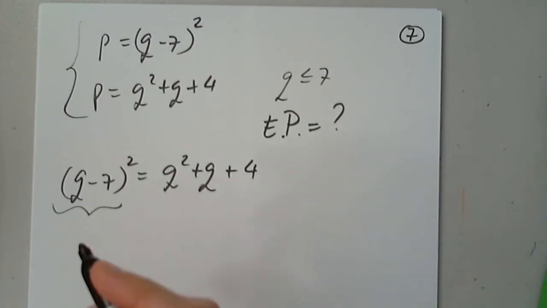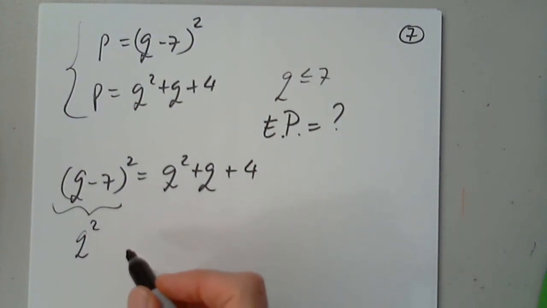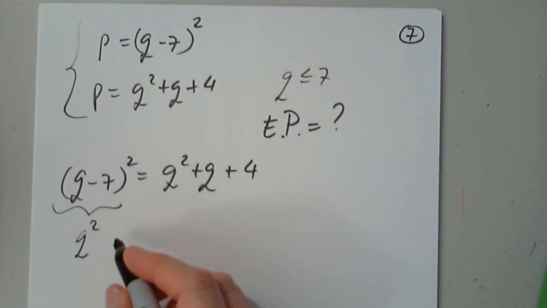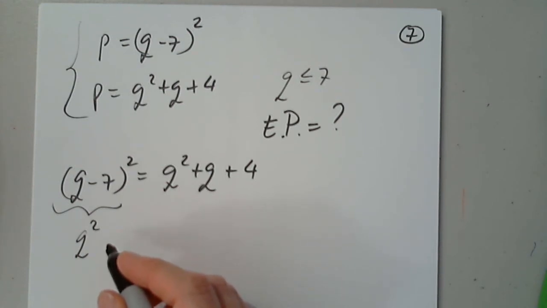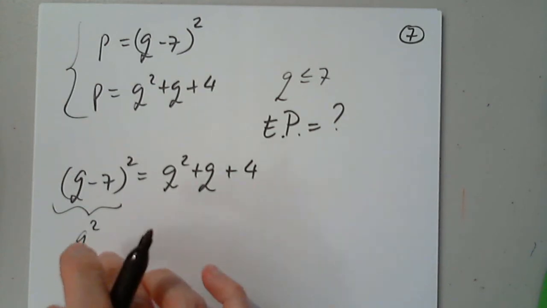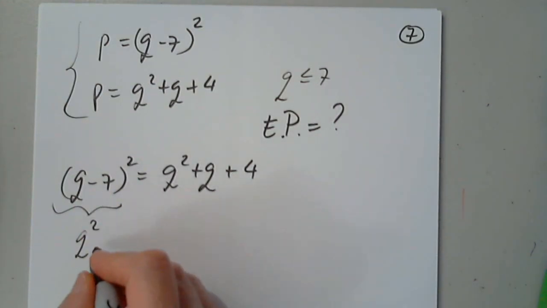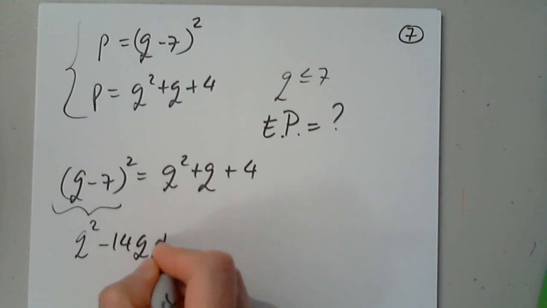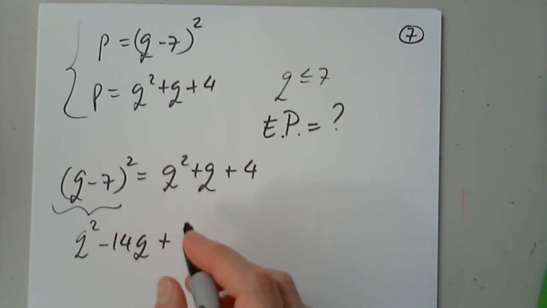Q squared plus 14Q, but it's minus, correct, and plus 49.